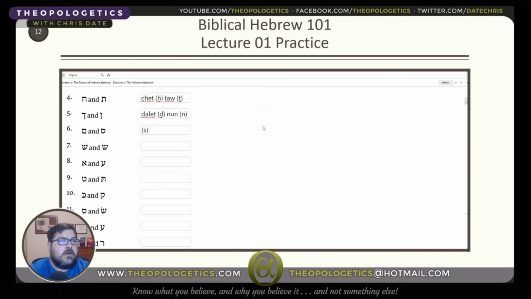These next two are Sin and Shin, but they're in the opposite order in the way that it's listed to the left. So the one on the left, because the dot is on the right, is Shin, which is transliterated using a letter S with a downward pointed caret over it, and Sin, which is the letter S in transliteration, but with an acute accent.